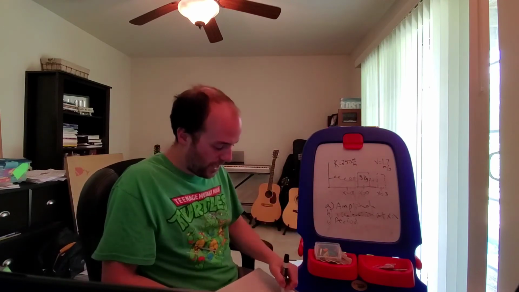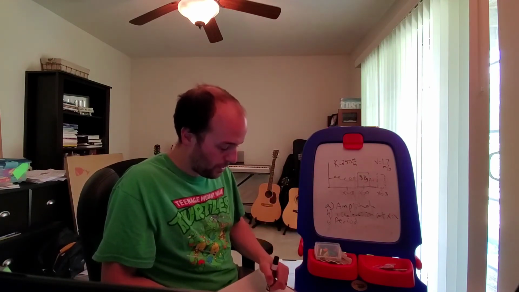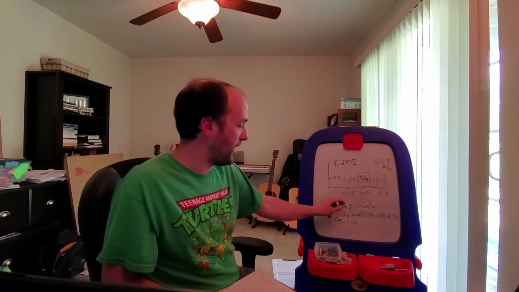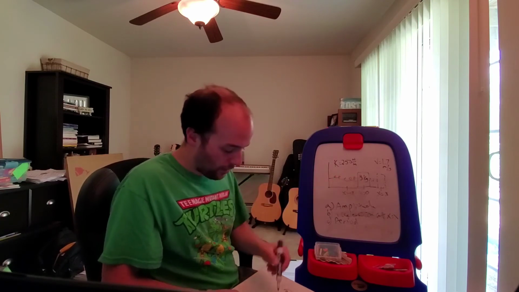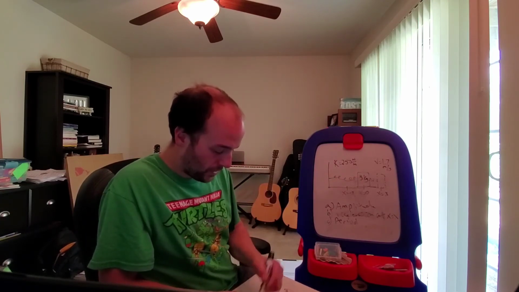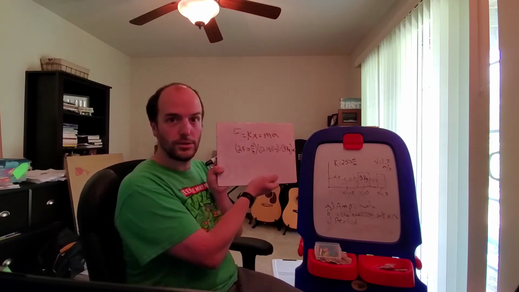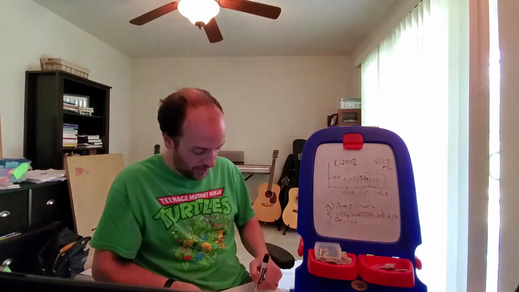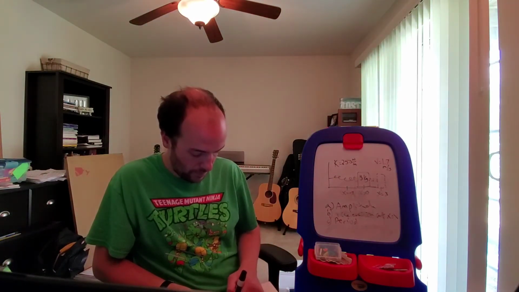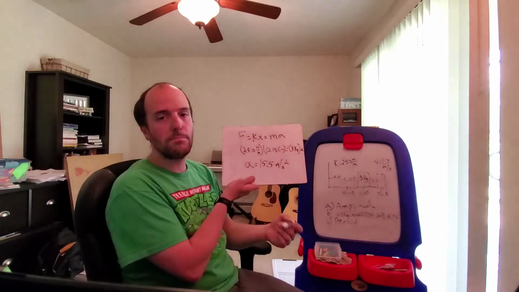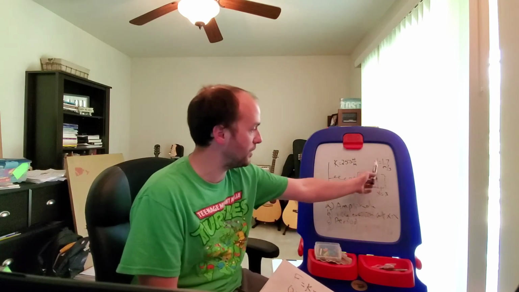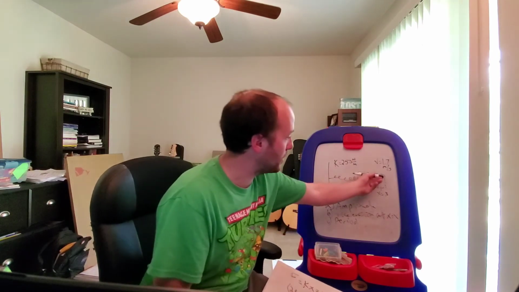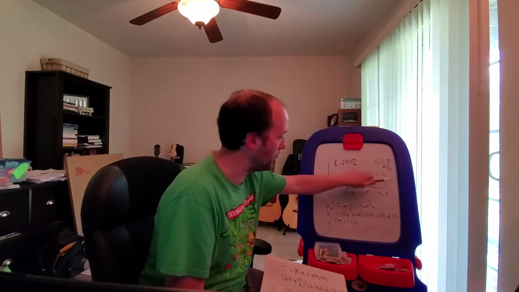We know our k is 250 newtons per meter, our x is what we found in part A, 0.186, and 3 kilograms for our m, times a. Doing a quick calculation, we find that our acceleration out here is 15.5 meters per second squared. This is the magnitude of our acceleration. The direction of the acceleration out here will actually be pointed this way because it's starting to go this way. If it was here, it'd be going that way.